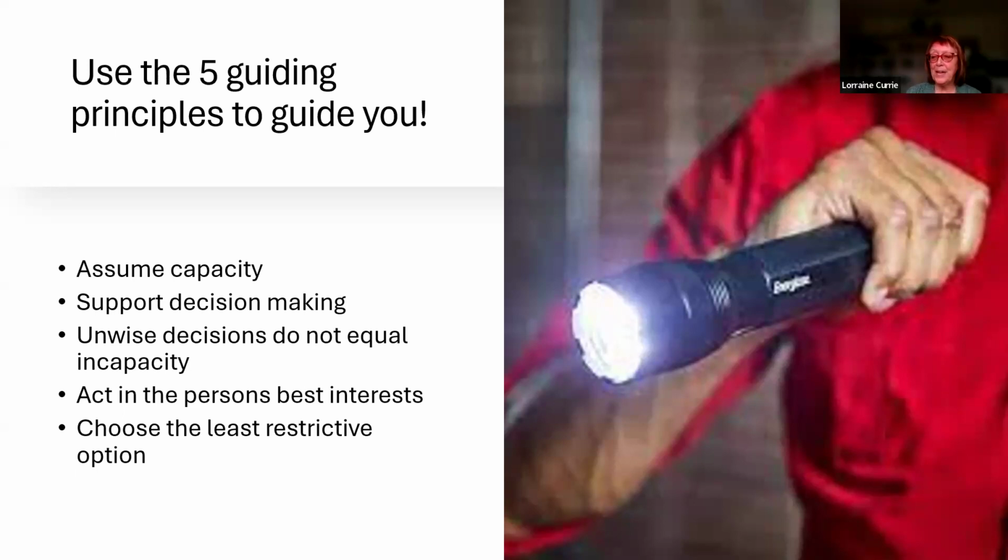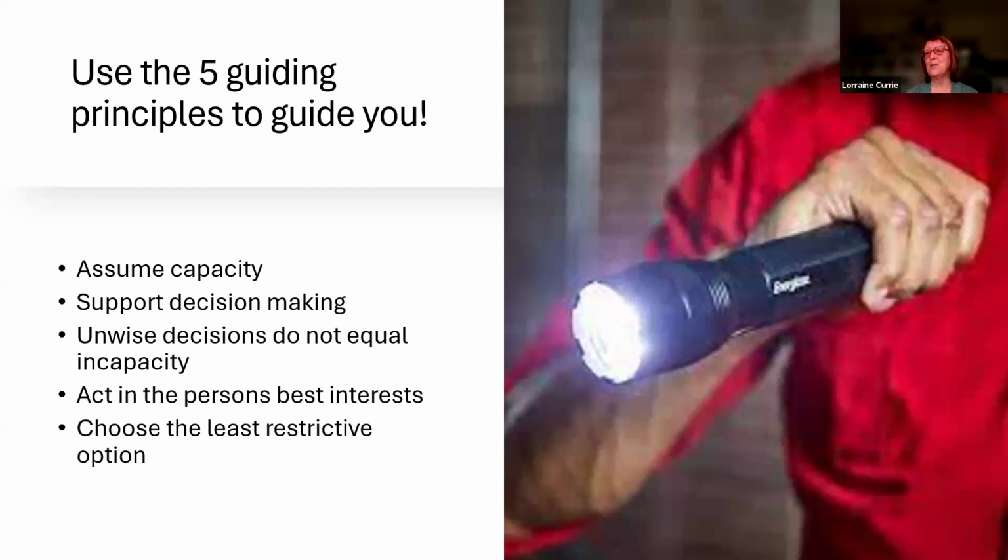And the fifth and final thing we're required to do is to make sure we look for the least restrictive way of achieving the outcome that needs to be achieved, or the least restrictive decision that we can make, the outcome which least interferes with the person's rights and freedom of action. So really, that should tie everything up.